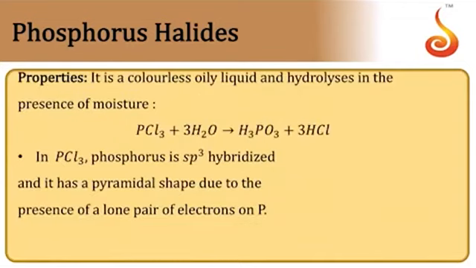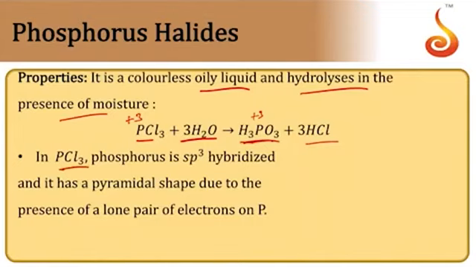Coming to the properties now. It is a colorless oily liquid and hydrolyzes in the presence of moisture. So PCl3 plus water gives H3PO3, phosphorous acid, and the byproduct is HCl. During this hydrolysis, the oxidation state does not change. It is +3 here and remains +3 in the product.